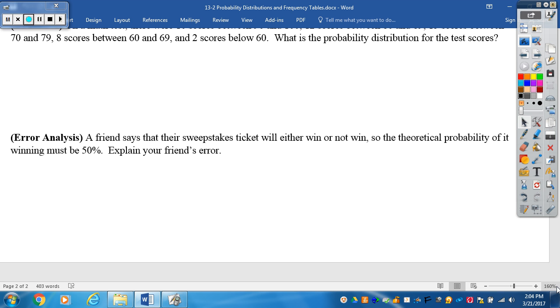And so, unfortunately, that is not the case with most sweepstakes. By definition of probability, we must determine that the number of favorable outcomes, usually just one, over possible outcomes, many times hundreds, if not thousands. Therefore, the probability of winning is much less than 50%.